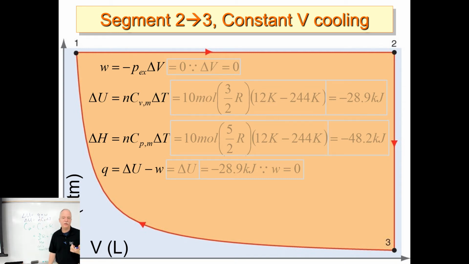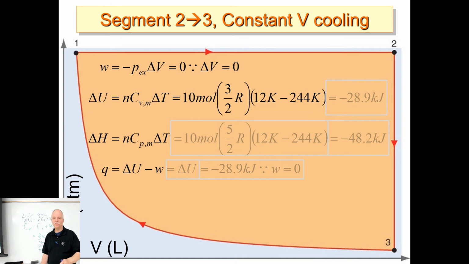The work is easy because we have delta V equals 0. So the work is 0. So we're not getting any work out of the system with this drop in pressure. We know there's a huge change in temperature. So we have that internal energy, 10 moles times 3/2 R. T final is 12 Kelvin.